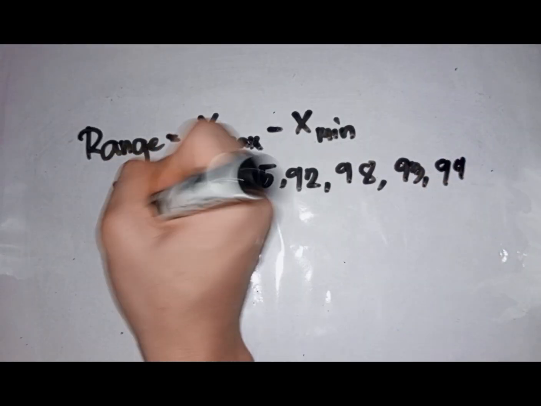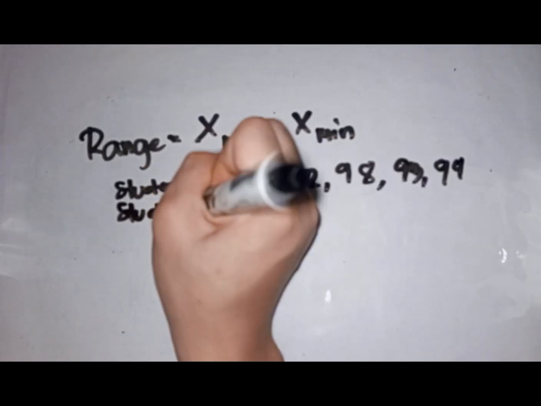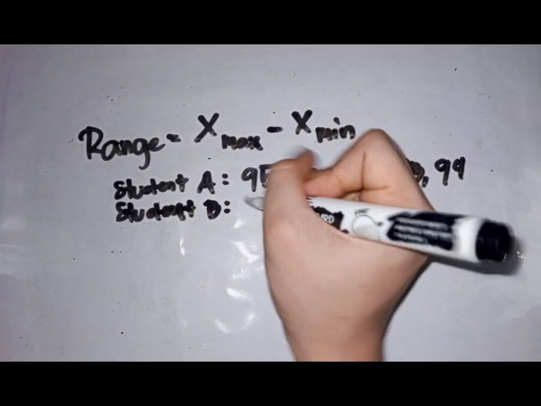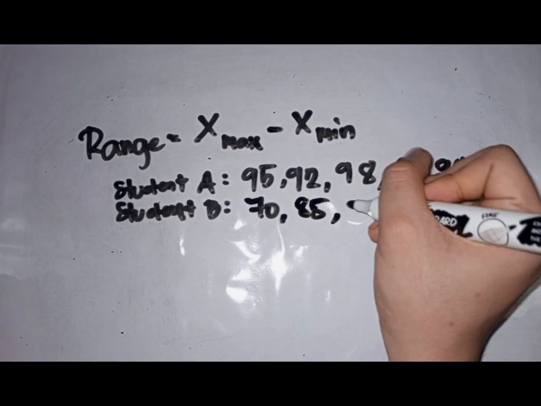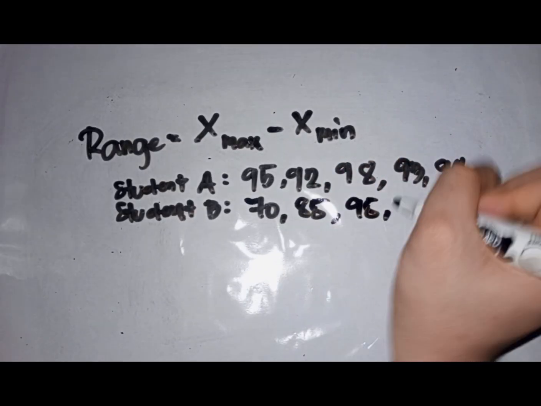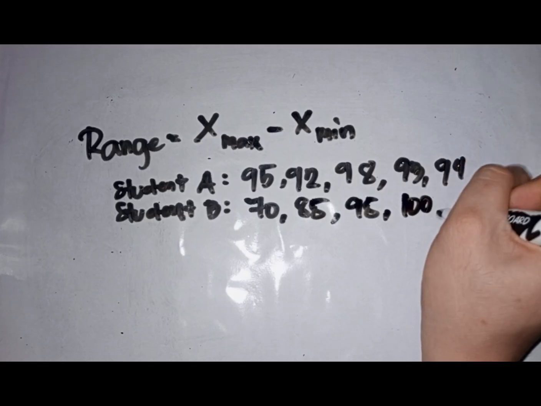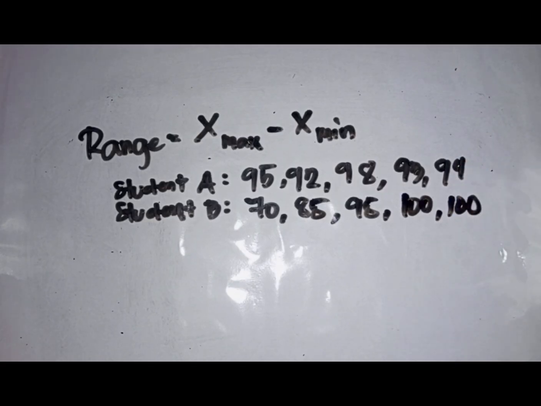And student B has test scores of 70, 85, 95, 100, and 100. Okay, so let's calculate the range for each student.